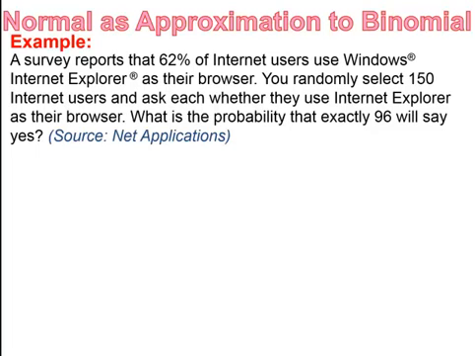So now we're going through the steps here. I'm pulling out the information that's in the problem. I have 150 users. I have a probability of success, which is 0.62, 62%. And then I find the probability of failure by doing 1 minus 0.62, which gives me 0.38. Now I have all that information.